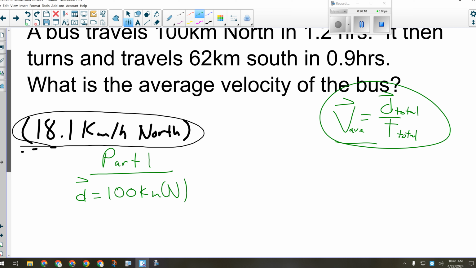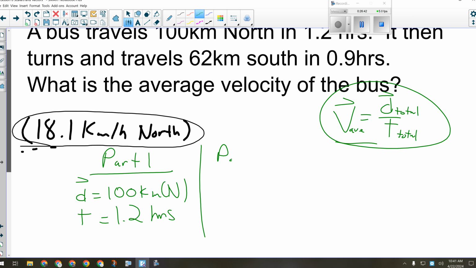And the other thing they give me for part one is the time, 1.2 hours. Do I have to put a north on that? No. Time is scalar. It doesn't matter whether I go north, south, east, or west, time will pass. That's all I know for part one.